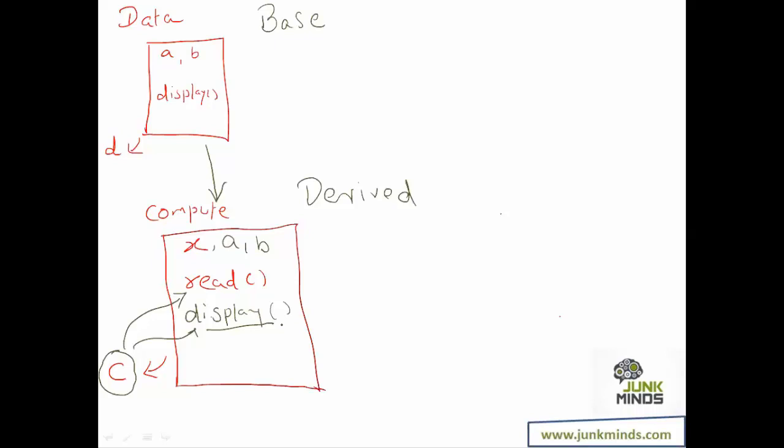Reusability of code. आपने base class में जो data बना दिया उसको आप base class में तो use कर ही सकते हो, but without rewriting that particular data I will be able to use them in the derived class as well. So that is what is inheritance in programming.